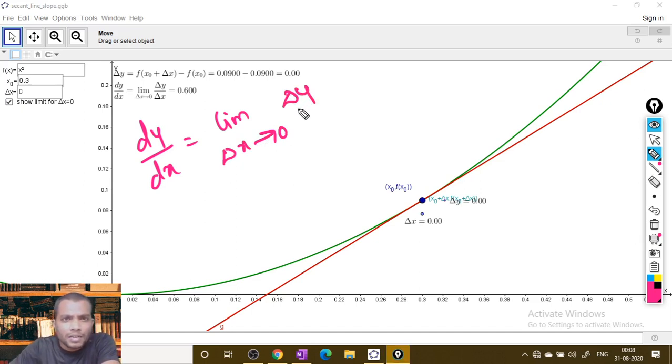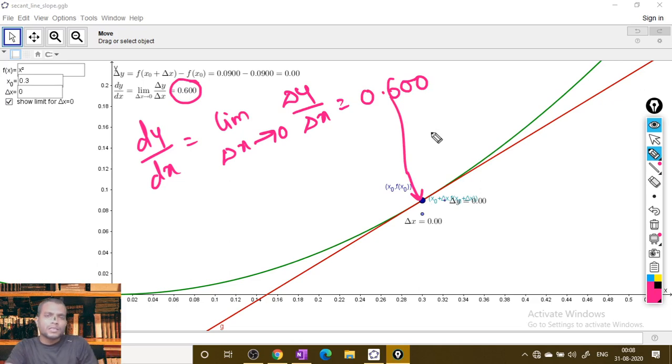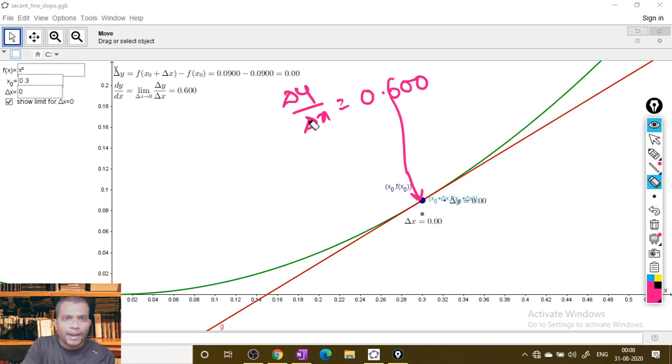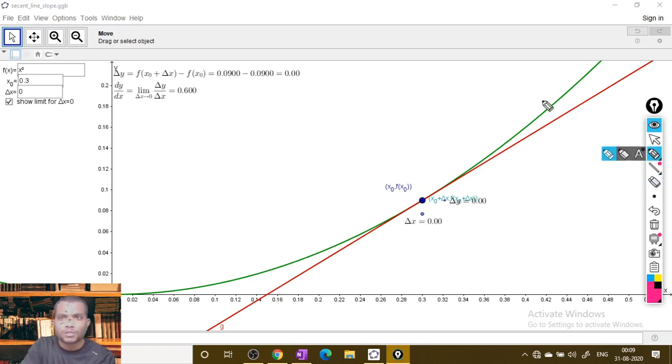With this change in our mathematics, I am able to find the slope at that point, 0.600. This gives me the instantaneous velocity. We find these values by doing differentiation of the given function. If I know the function, and I do the differentiation, then we can get the slope at that particular location.